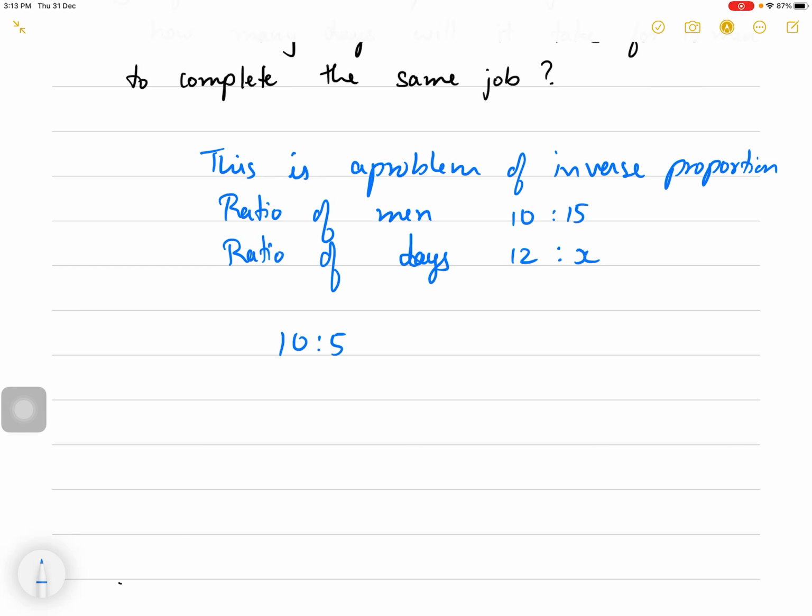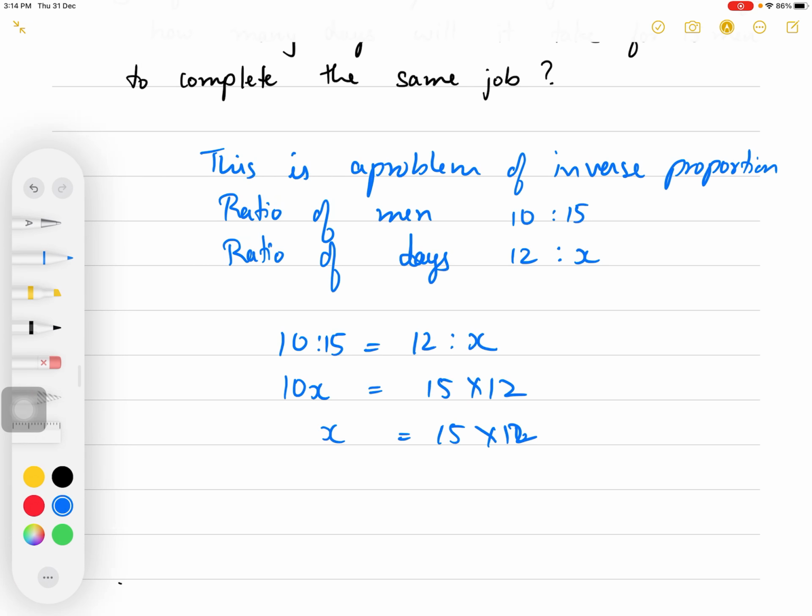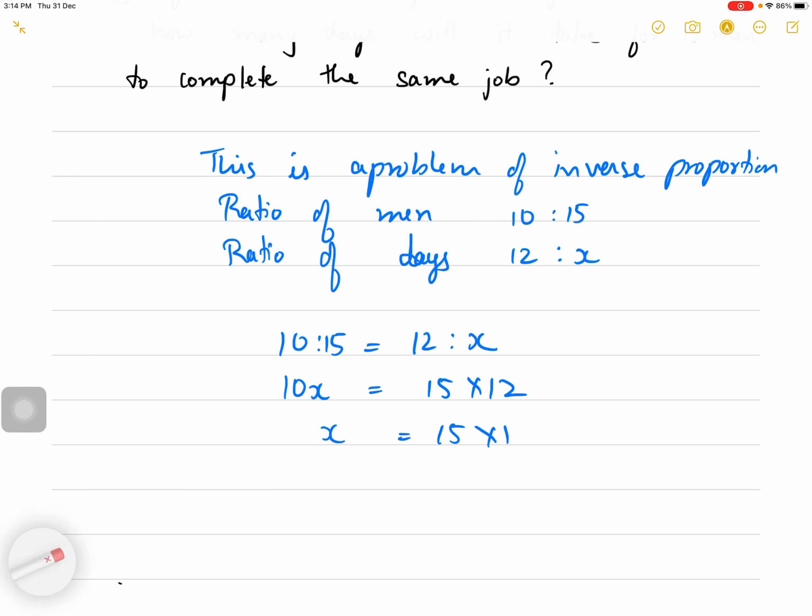So 10 is to 15 is equal to 12 is to x. 10x is equal to 15 into 12. x is equal to 15 into 12 divided by 10.